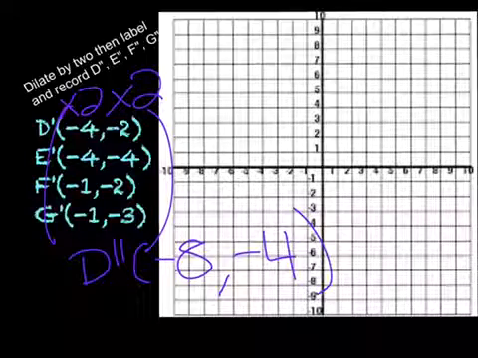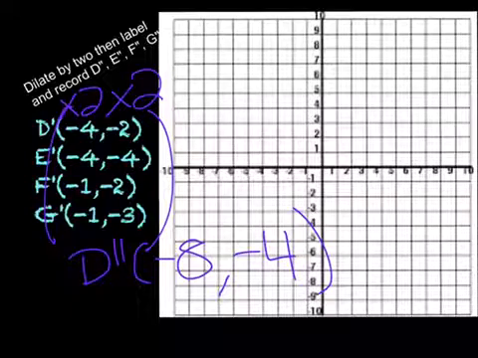And then now we will label our D double prime, E double prime, F double prime, and G double prime. Okay, so now we should be able to label our brand new coordinates. Let's label D double prime first.